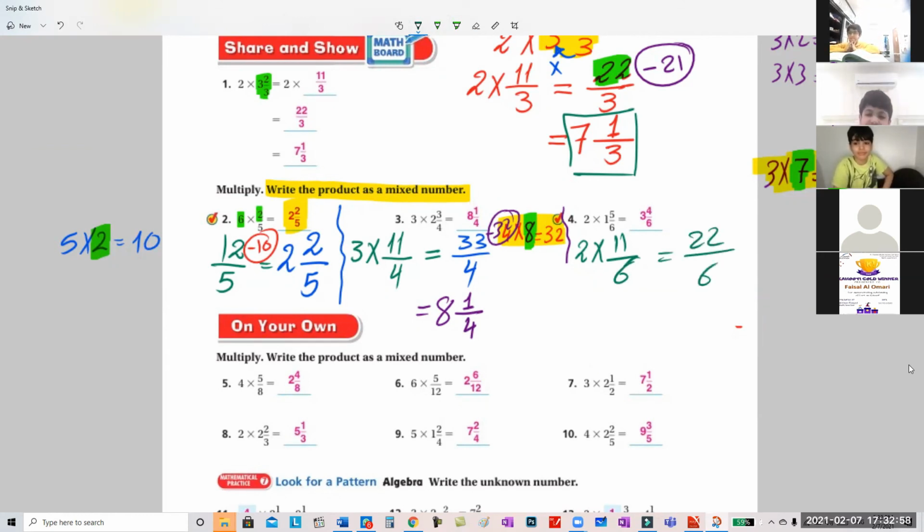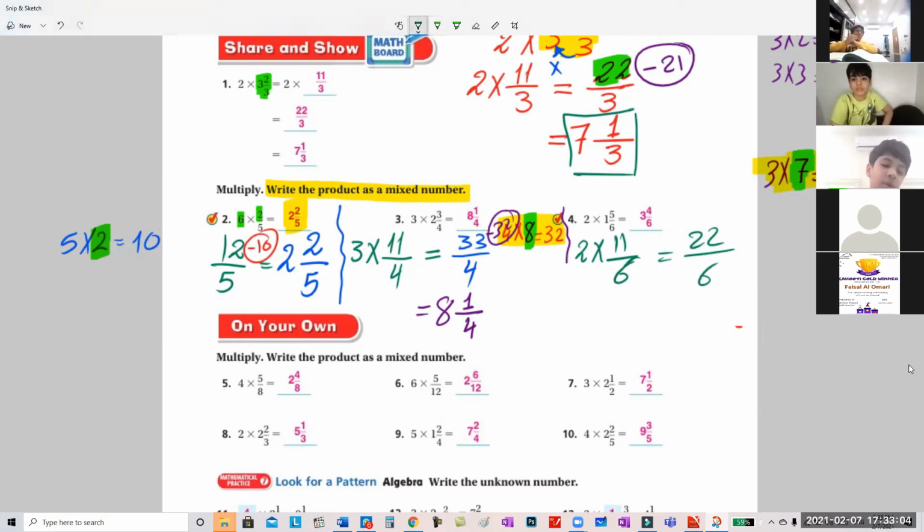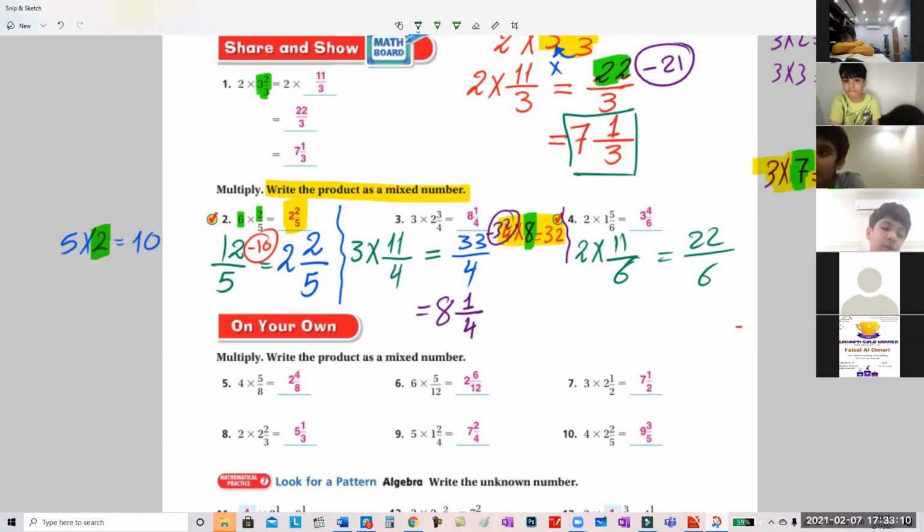And then what number multiplied by 6 gives us the nearest number to 22? 6 multiplied by 3. So we put the 3 as a whole number, and we subtract 18 because 6 multiplied by 3 equals 18, and it will be 4 over 6. As you see here, 3 and 4 over 6.